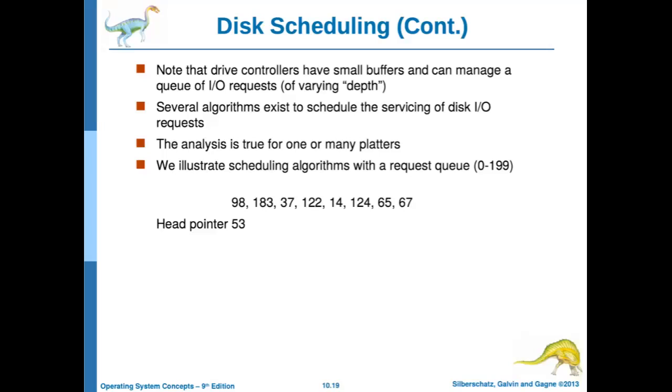So for example, if you can see it here, the request queue is given as 98, 183, 37, 120.